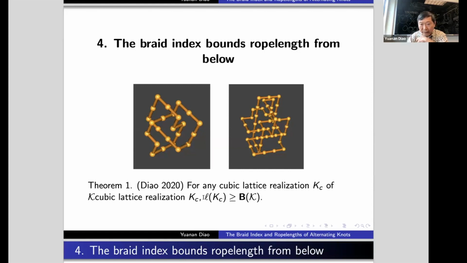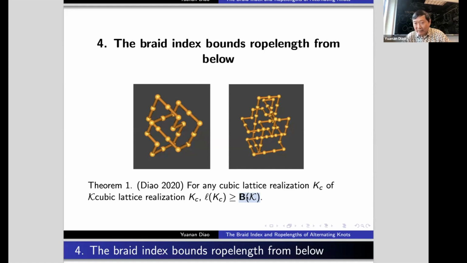The length of K_C is its length, and this result tells you that the length of my lattice realization is always bigger than or equal to the largest braid index of your K. Remember, when I realize a link or knot on the lattice, that has nothing to do with orientation, right?